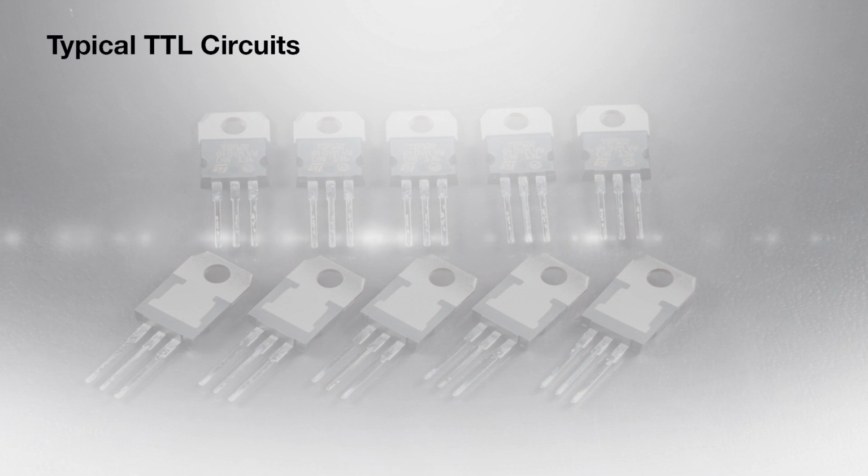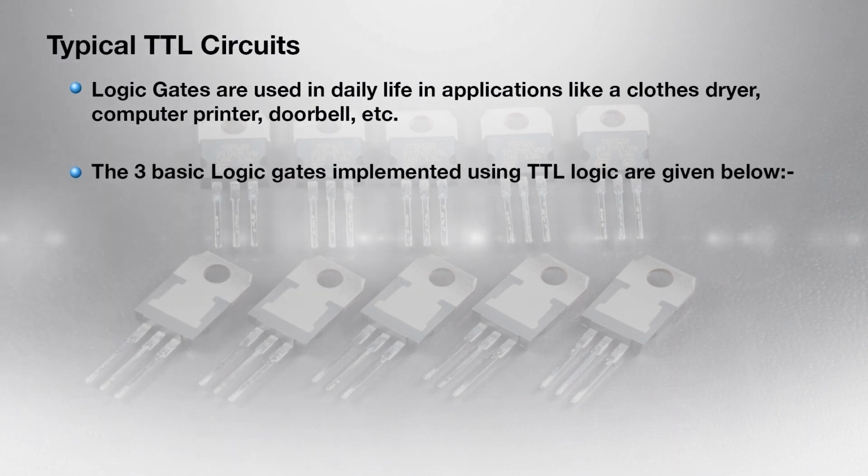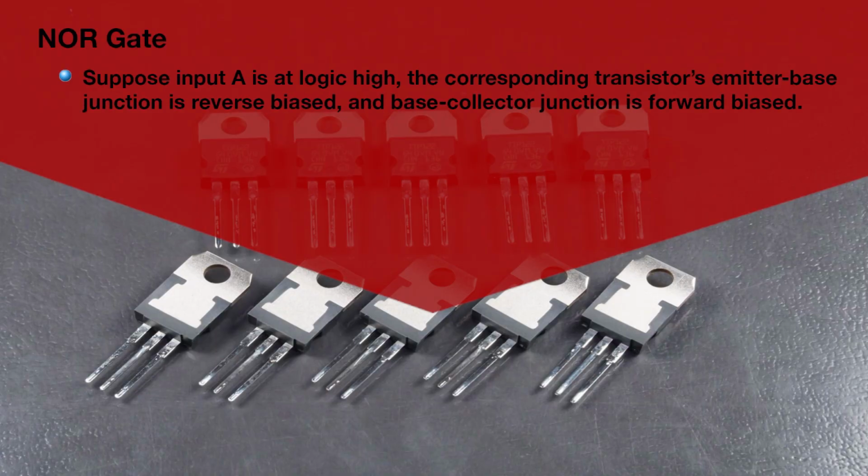Different TTL circuits. Logic gates are used in daily life in applications like clothes dryers, computers, printers, doorbells, etc. The three basic logic gates implemented using TTL logic are given below. Typical TTL circuit: NOR gate. Suppose input A is a logic high, the corresponding transistor emitter-base junction is reverse biased and base-collector junction is forward biased.